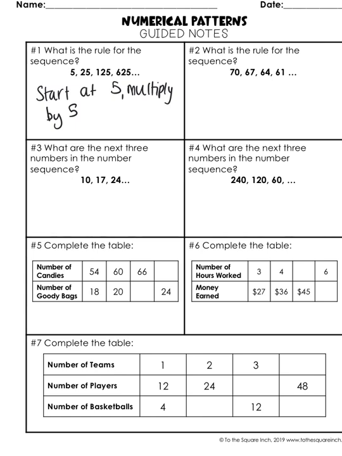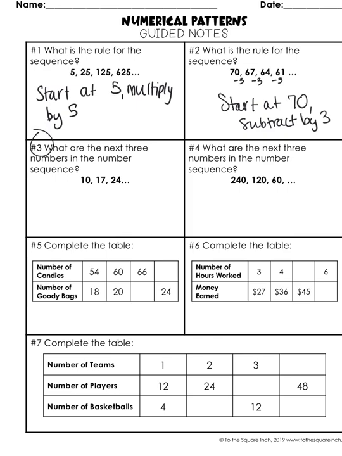So 70 minus 3 is 67. 67 minus 3 is 64. 64 minus 3 is 61. So my rule here is start at 70, subtract 3.